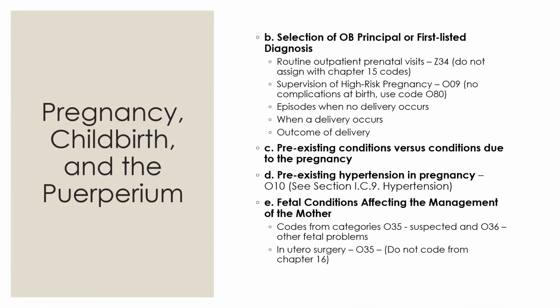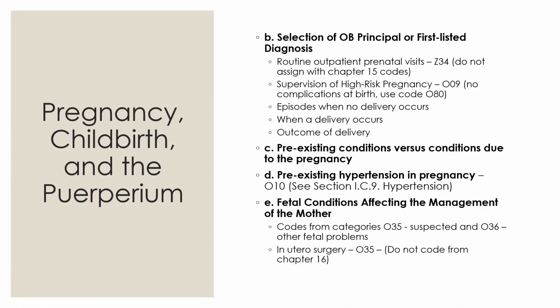If there are no complications during the labor or delivery episode, assign code O80 for encounter for full-term uncomplicated delivery. For routine prenatal outpatient visits for patients with high-risk pregnancies, a code from category O09 for supervision of high-risk pregnancy should be used as the first listed diagnosis. Secondary Chapter 15 codes may be used in conjunction with these codes if appropriate.